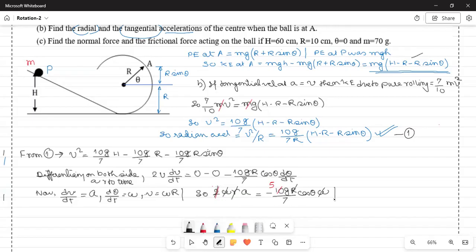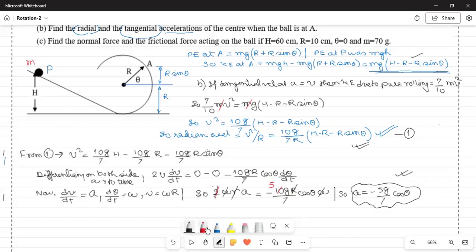So linear acceleration a is equal to minus 5g by 7. They wanted us to find out the radial and tangential acceleration. So this was the radial acceleration, and this is the tangential acceleration.